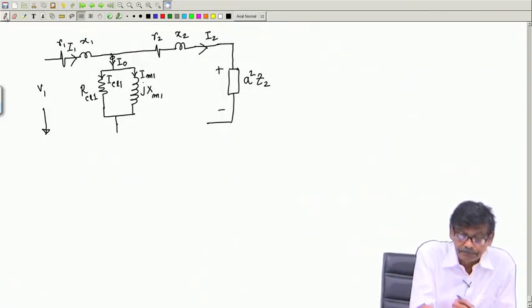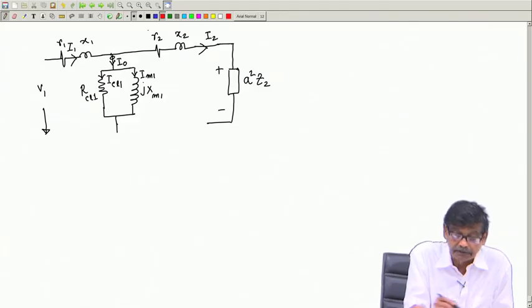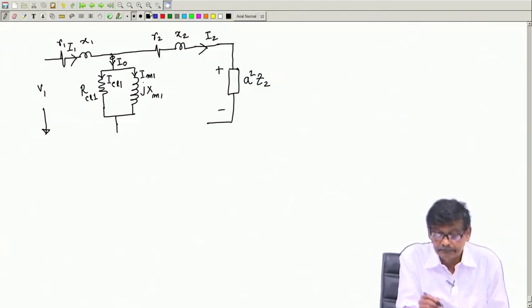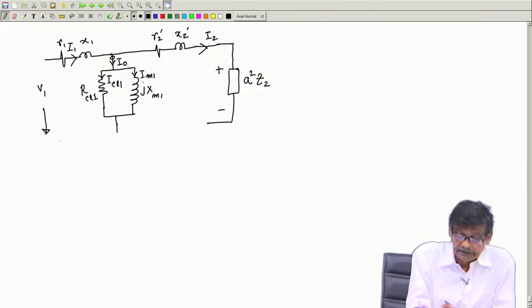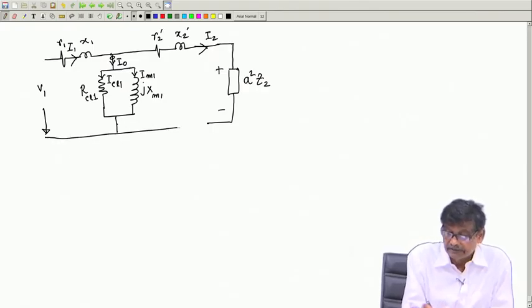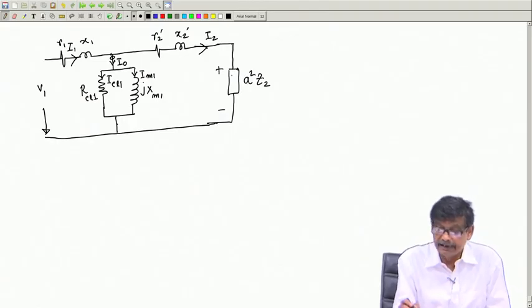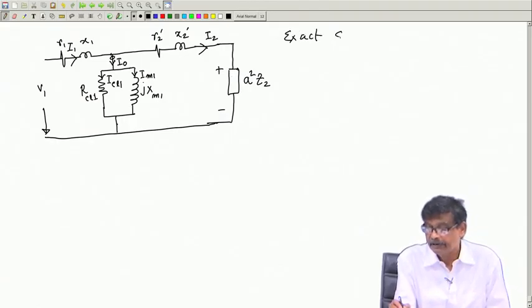Suppose these could not be copied. This was R2 dashed, X2 dashed, and here was a line. This is the exact equivalent circuit.